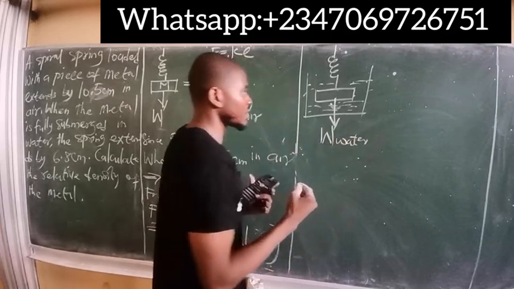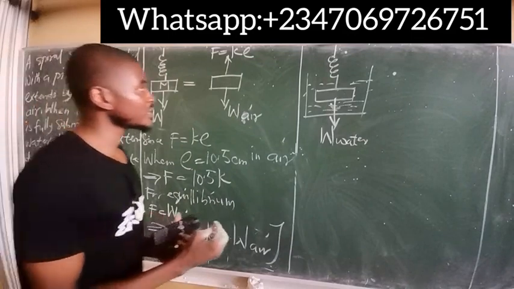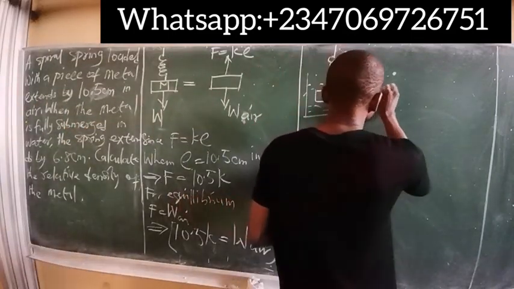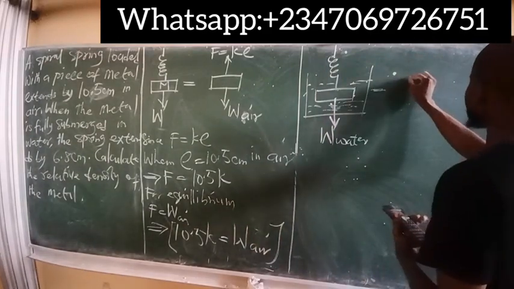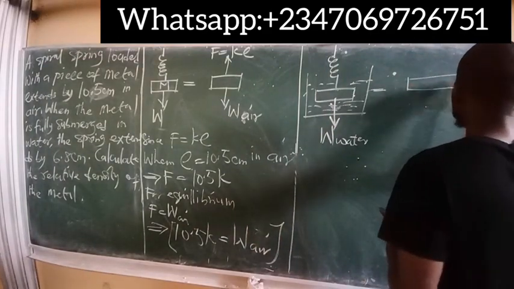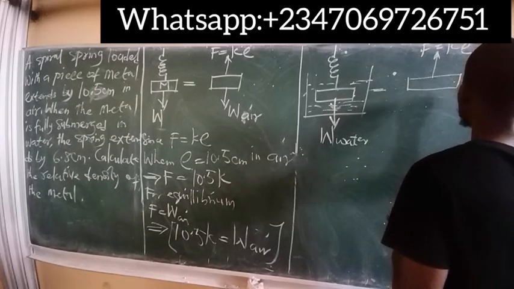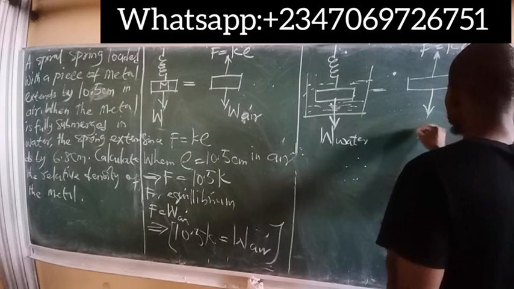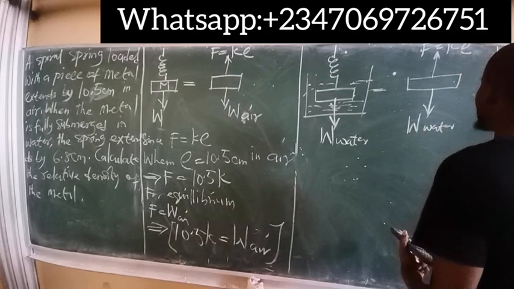So this is the water condition. That becomes the weight in water. And of course, if we draw the free body diagram or the equilibrium diagram of the system, it's still the same thing. You simply have the mass, the spring force, of course, still remains k times e, and the weight is now weight in water.